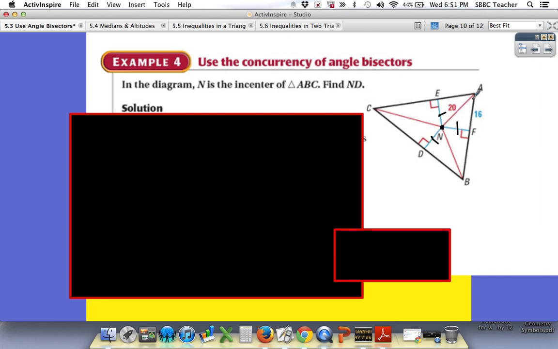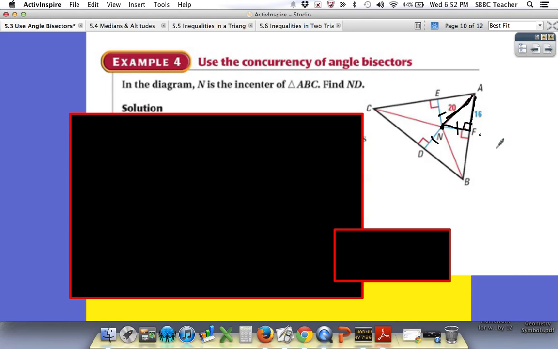Well, they give us the length of one of the angle bisectors. This angle bisector here is 20, and this piece here is 16. If you look at this, there's a mini triangle here. This is 90 degrees.